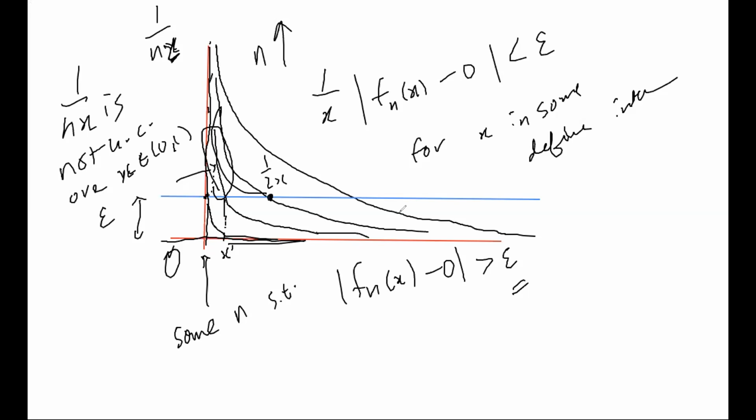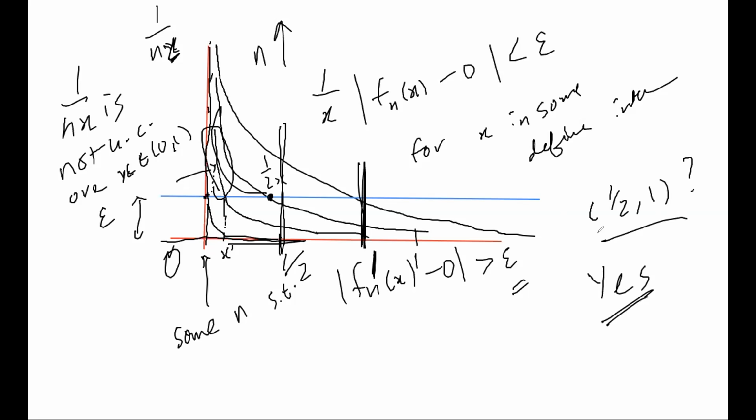Now, having said this, 1 over nx is not uniformly convergent over x in 0 to 1. How about in 1 over 2 to 1? Is it uniformly convergent in 1 over 2 to 1? Yes.